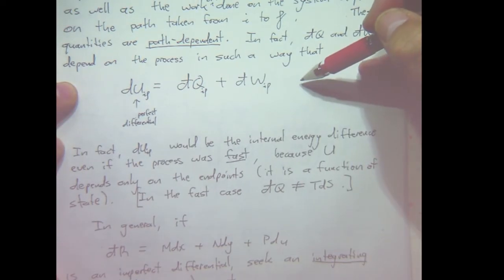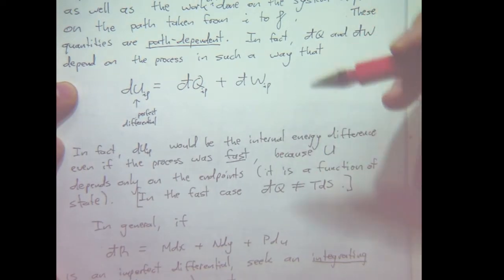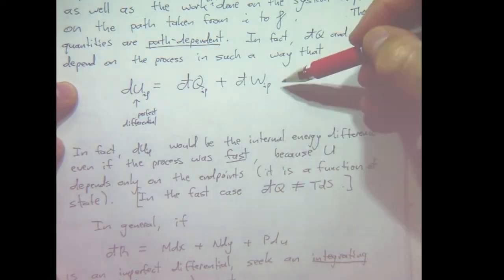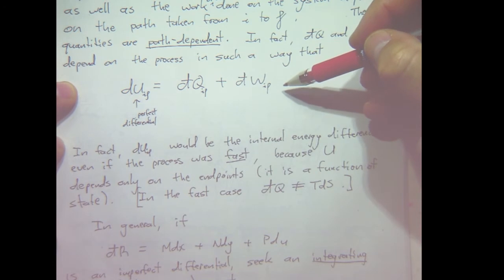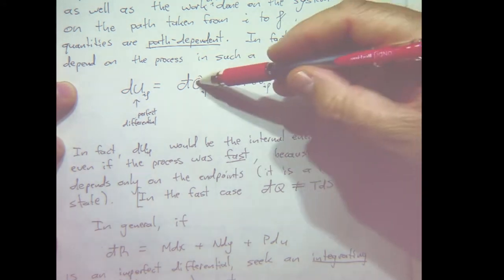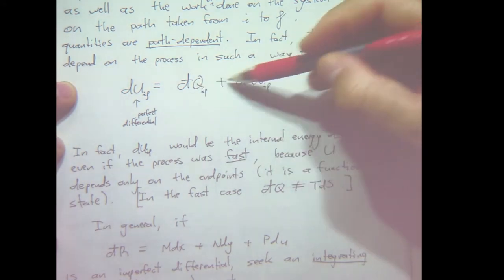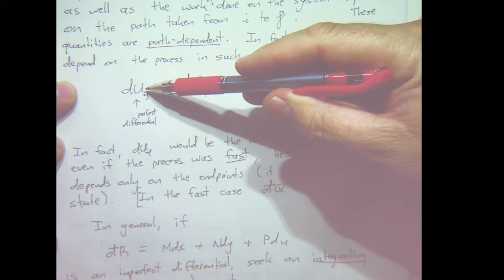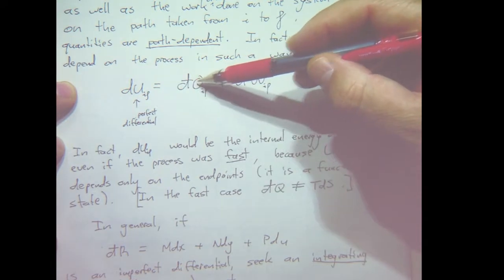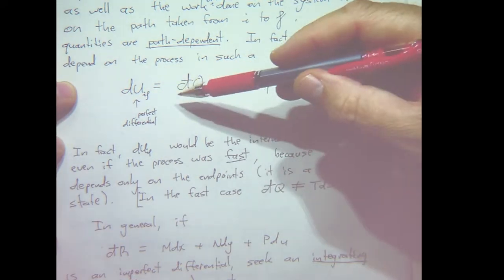So it's certainly saying conservation of energy, but I think it's more interesting than just conservation of energy, because it's saying that for Q and W you can go in any path and you get different dQ's and dW's but the same dU.